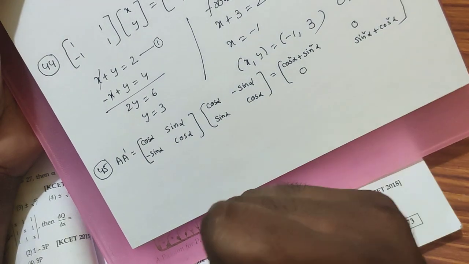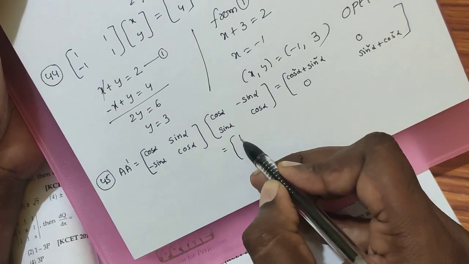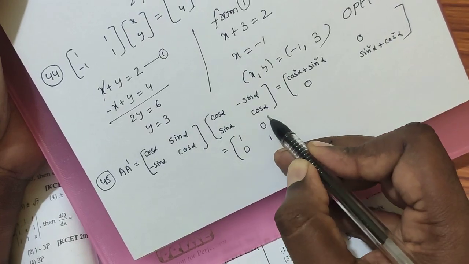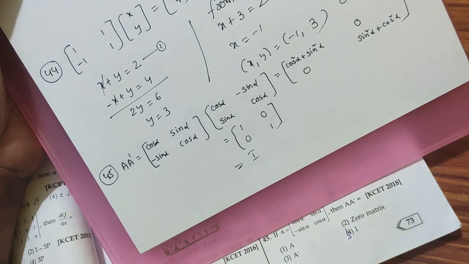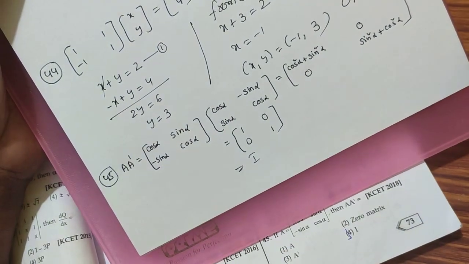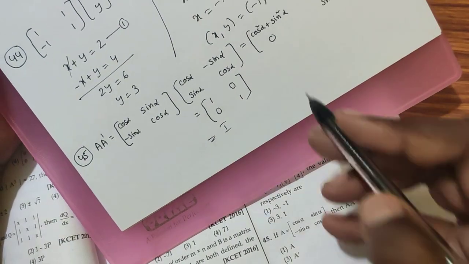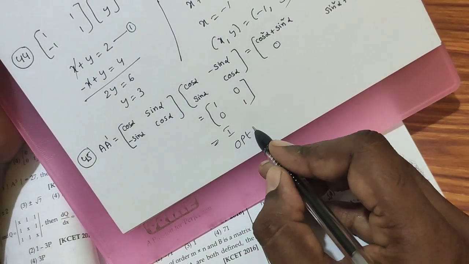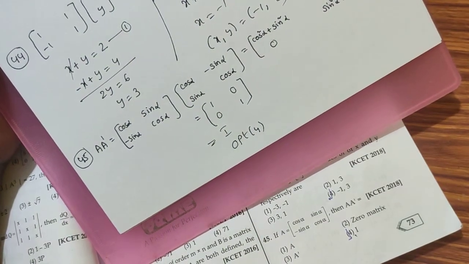In trigonometry, we know sin square theta plus cos square theta is 1. Therefore, the answer is 1, 0, 0, 1. 1, 0, 0, 1 is nothing but which matrix? The identity matrix of order 2. Therefore, the answer for question number 45 is option 4.